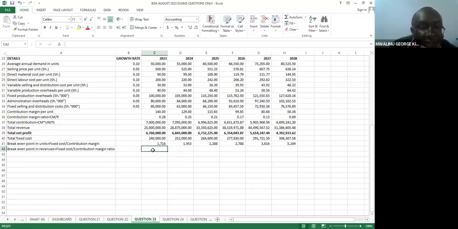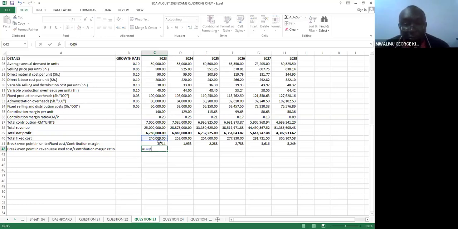The break-even in revenues. The formula is already given there. It is equal to the fixed cost. So we say equals fixed cost here, we divide by contribution margin ratio, which is this one.